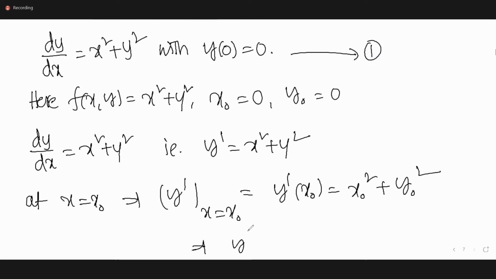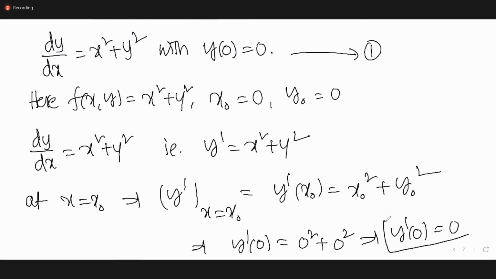What is x naught value? 0. So 0 square. What is y naught value? 0. So y dash of 0 is equal to 0. This is the first value, y of 0 equal to 0. Second one, y dash of 0 is equal to 0.